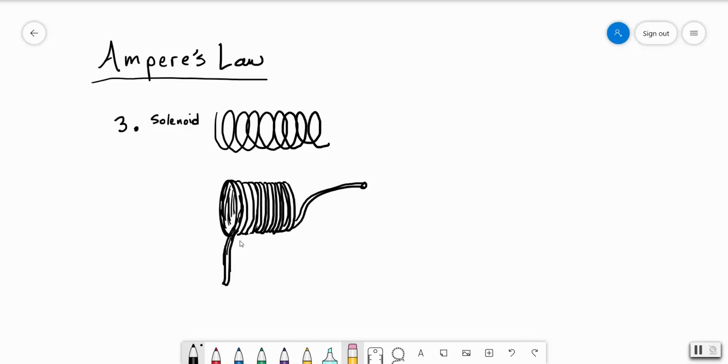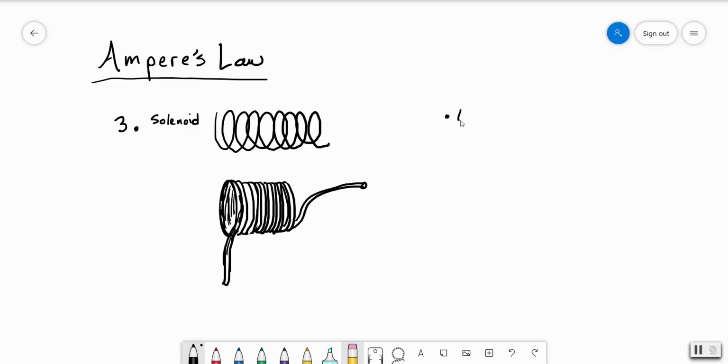if I were to, instead of stacking hoops with individual currents, approximate hoops by allowing my hoop to continue around a second turn and a third turn and a fourth turn, and I just keep wrapping it into a coil, just like taking a wire and wrapping it around like a pencil, for instance, then what I've done is I've created a solenoid. Now, there are different names for solenoids.